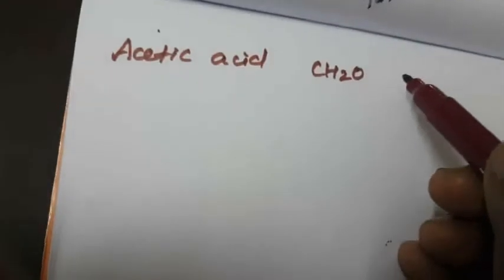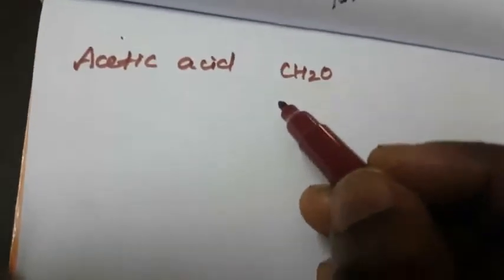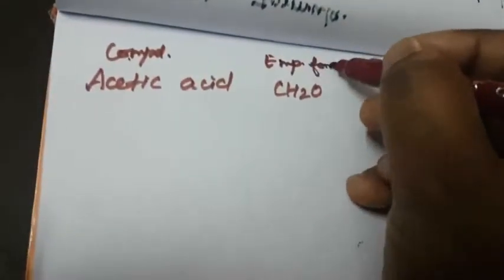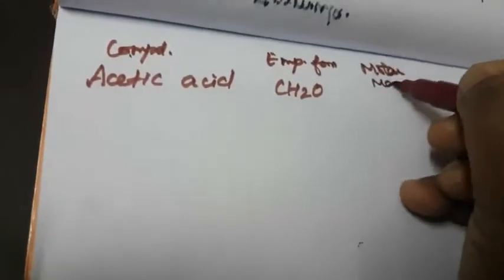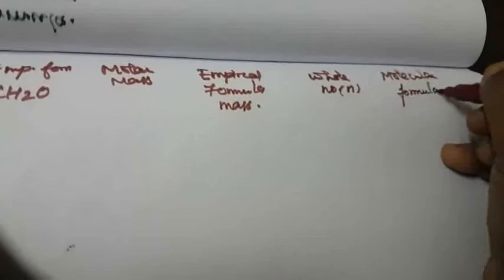The columns are: compound, empirical formula, molar mass, then empirical formula mass, then whole number n, then molecular formula.